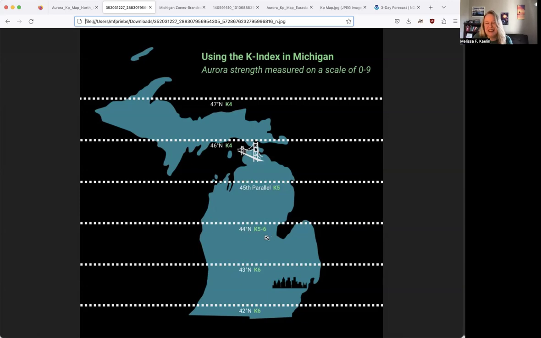You need K5 or K6, depending on other variables and other strength. And then with K6, we here in Michigan can see aurora anywhere in the state because it's going to stretch southward and still be visible in all of the points north. So this is the first map we developed.